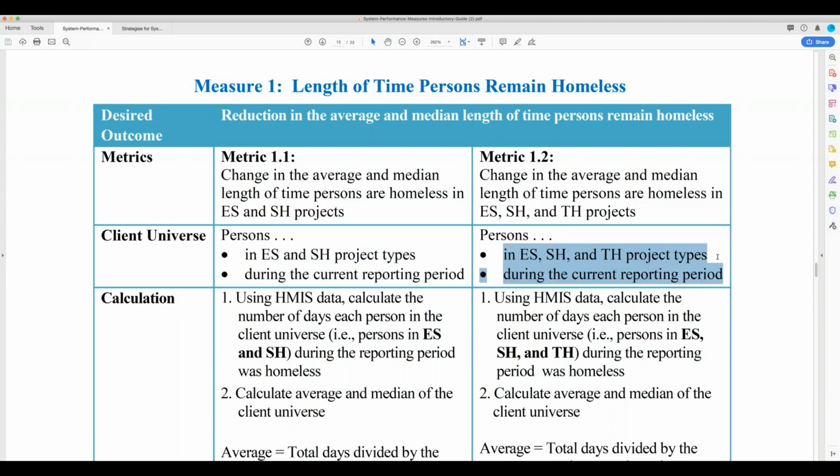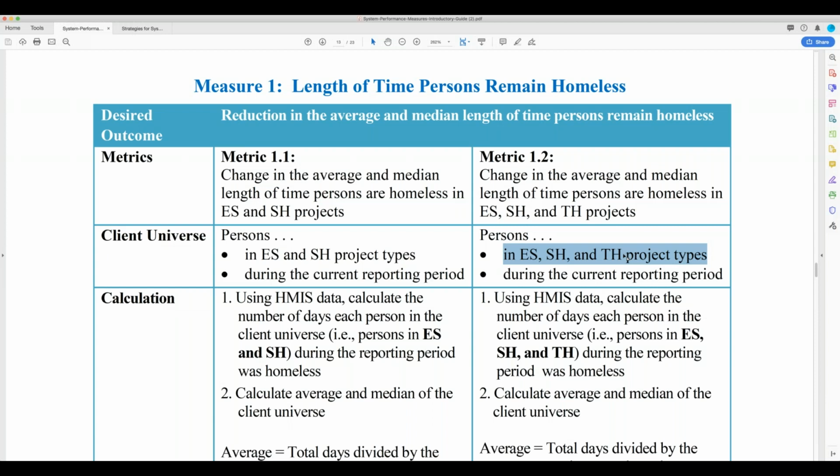And then in this case, it's all persons in emergency shelter, safe haven, and transitional project types, whether they're CoC funded or not. Now, again, the one caveat that we need to remember is that this is those programs that are in our HMIS, our Homeless Management Information System. When we run a system performance measure report, we are only running it for the data that's included in our system.